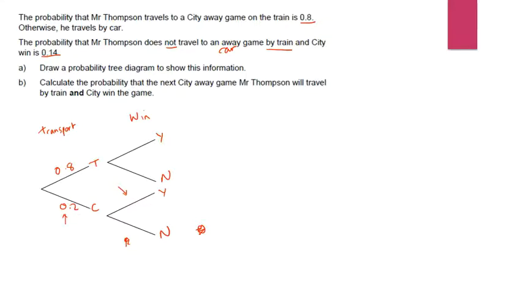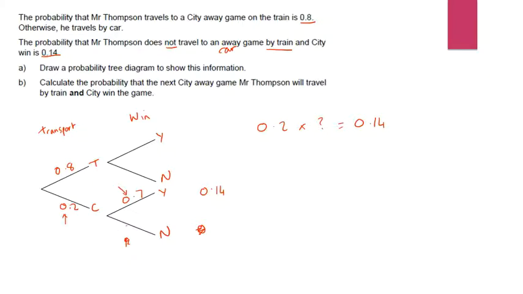So he doesn't travel by train, he travels by car, and City win must be equal to 0.14. So in other words, 0.2 times something must equal 0.14. So to work that out, we can divide 0.14 by 0.2, or realize that 2 times 7 is 14. So it'll be 0.7.